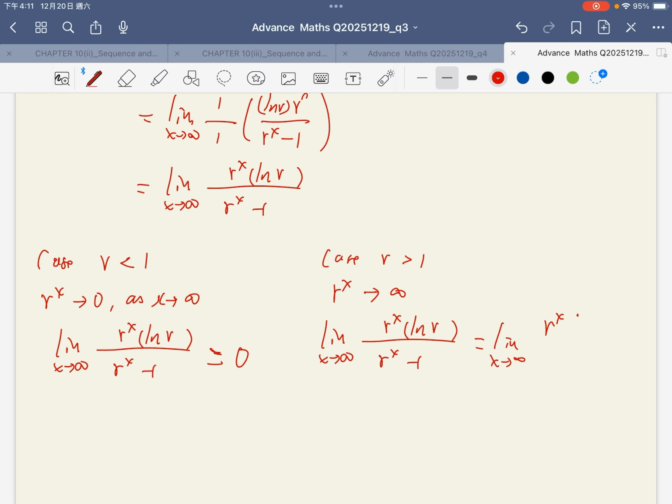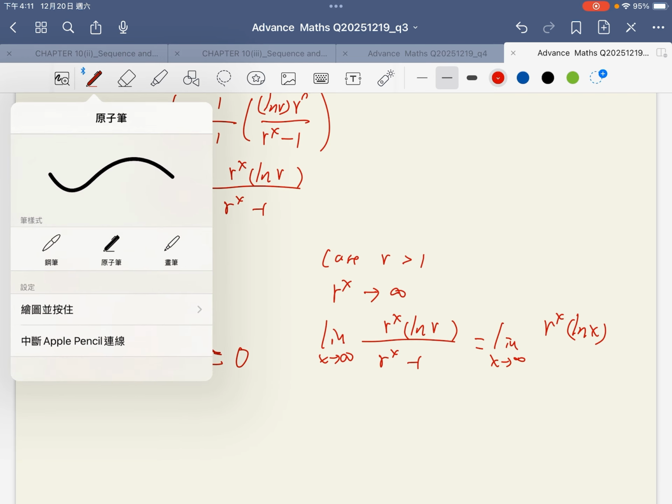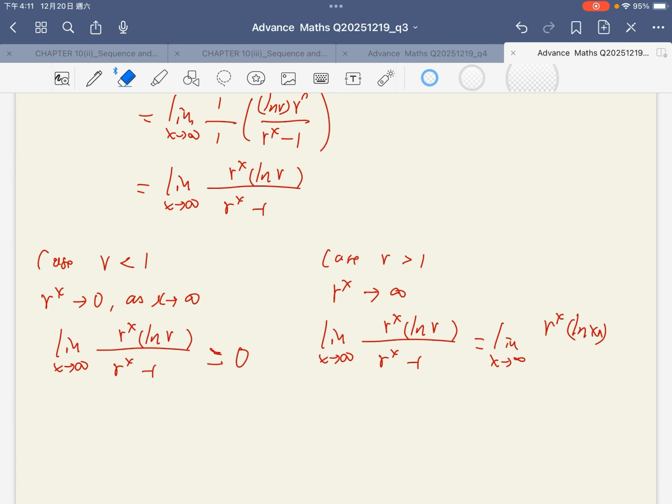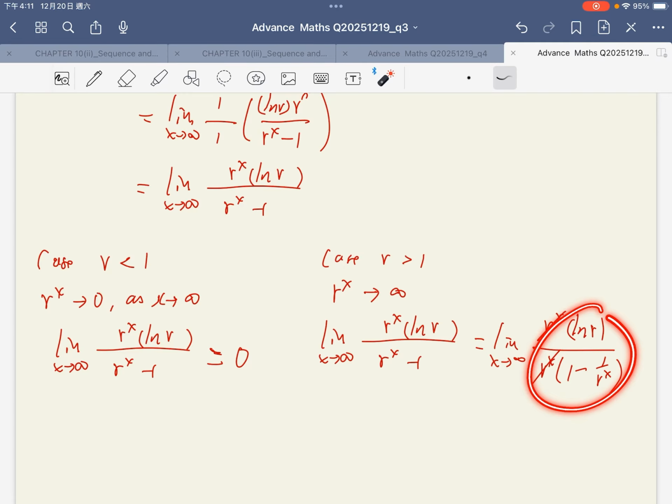For the numerator, there is r to the power x times natural log r. For the denominator, we factorize r to the power x outside. Then cancel the two r to the power x, and the remaining term tends to 0 since r to the power x tends to infinity. Therefore, the overall is natural log r over 1, then the final result is natural log r.